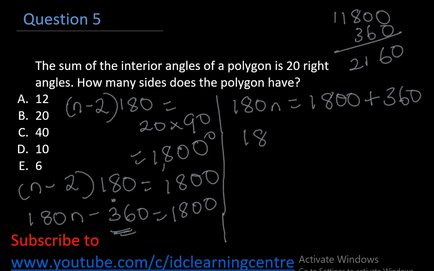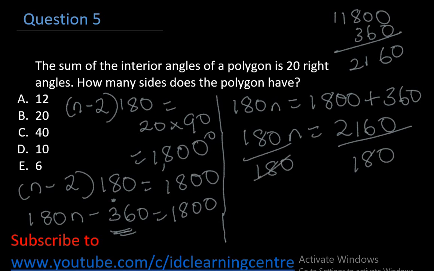So 180n equals 2160. I'll divide both sides by 180. 180 cancels 180 and the 0 cancels 0, so 216 divided by 18. That will give us 12. So the right answer is A.